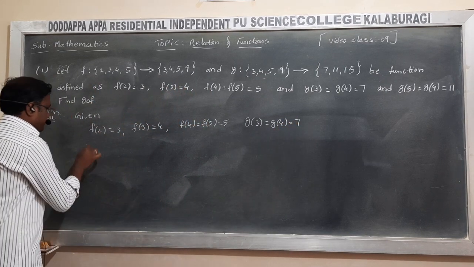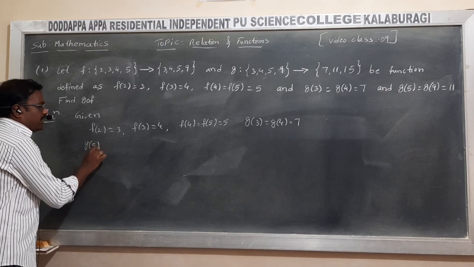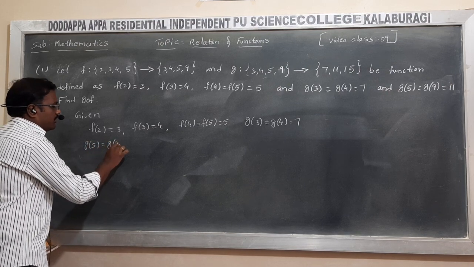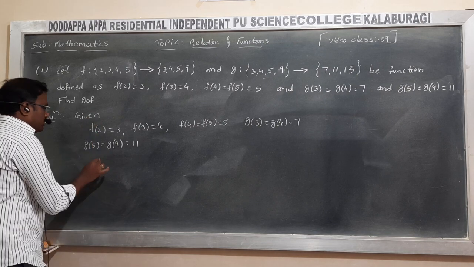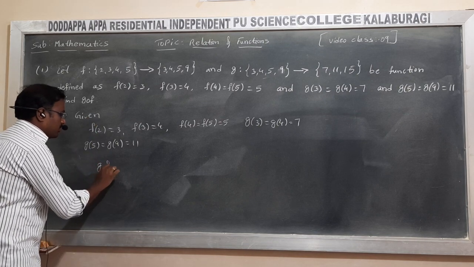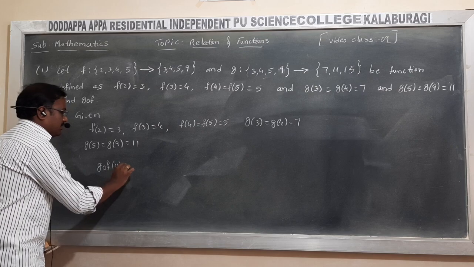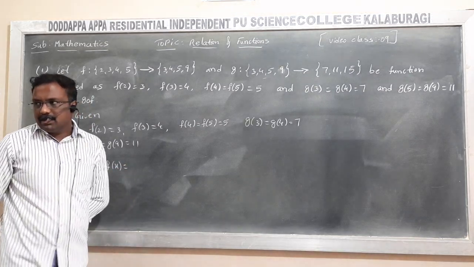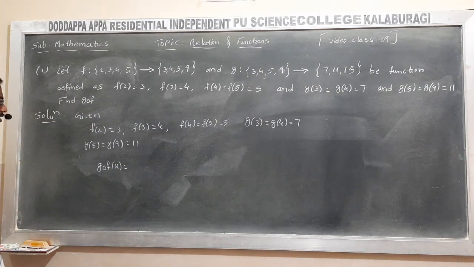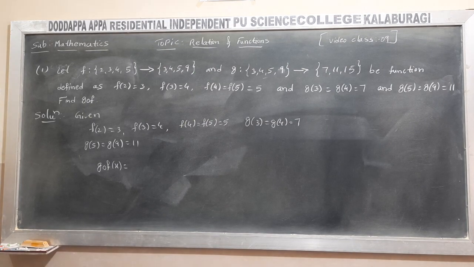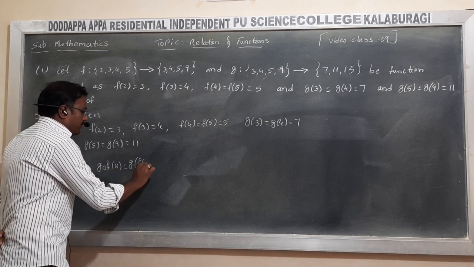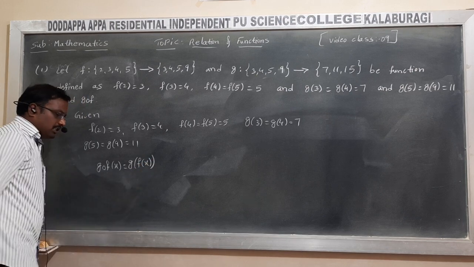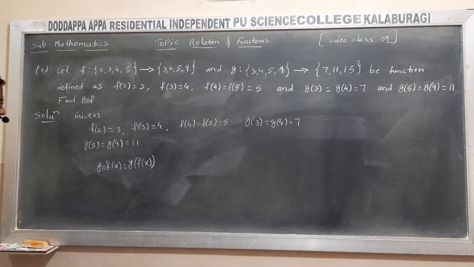Similarly, last one, g of 5 equal to g of 9 equal to 11 is given. Now you can find g naught f. Consider x. G naught f of x you can write, otherwise g naught f is also right. So next you can write g of f of x by definition of composition of functions.